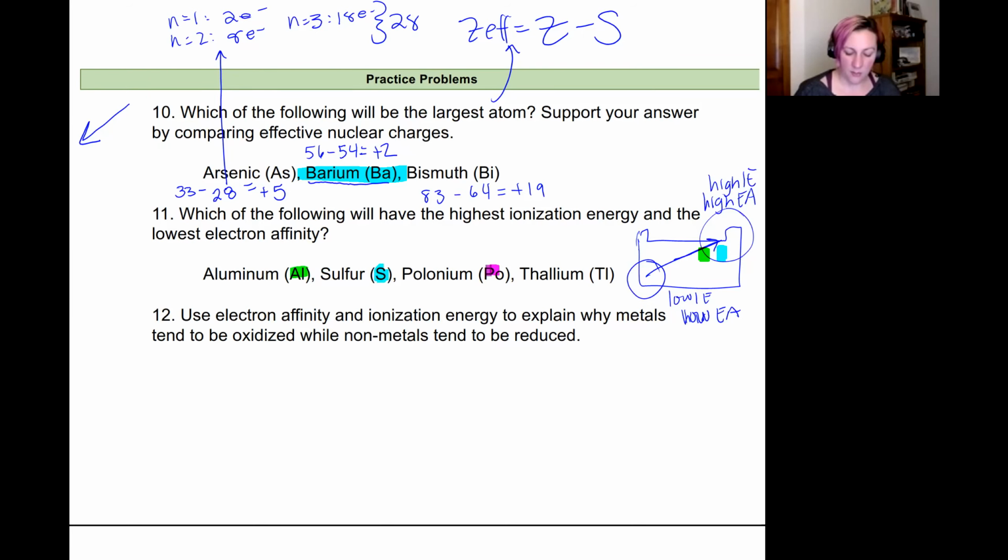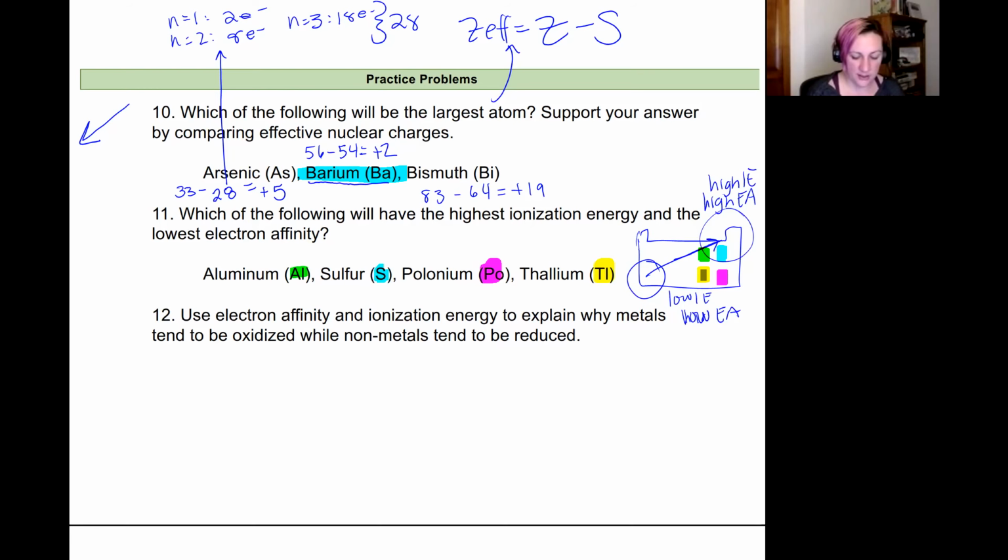And then our polonium right here is further down our periodic table. It's right below sulfur, but lower down. And our thallium is right underneath our aluminum, but again, in the same row as that polonium. And so we're really looking at this grid of elements and trying to decide which is highest and which one's lowest for ionization energy and electron affinity.